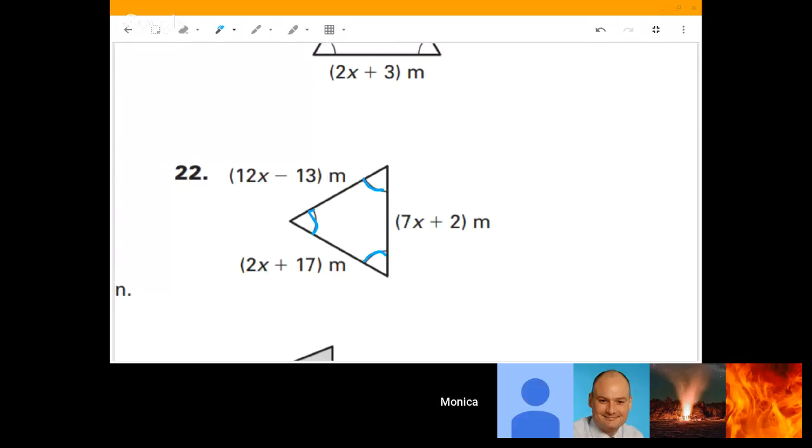Well, all of the angles do equal 180, but since we know that they're congruent, the sides are also all congruent, okay? So you can set two of those sides equal to each other and find out what x is, then plug back in for all three sides to find the lengths. Or really, you could just do one since they're all congruent to each other and then multiply that number by 3 to get your perimeter. Does that make sense?